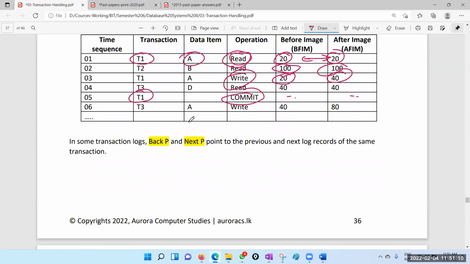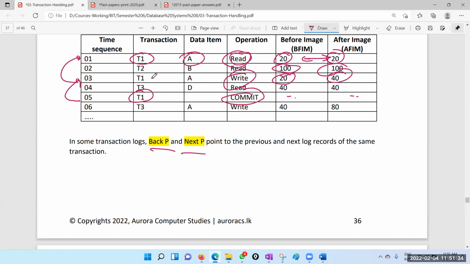In some transaction logs, we have something called backp, nextp as well. That shows where the next log entry of that transaction is. For example, after this log entry, the next T1-related entry is here. Sometimes they keep track of that also.